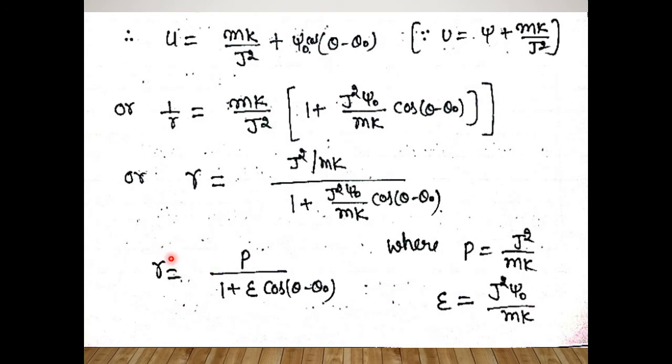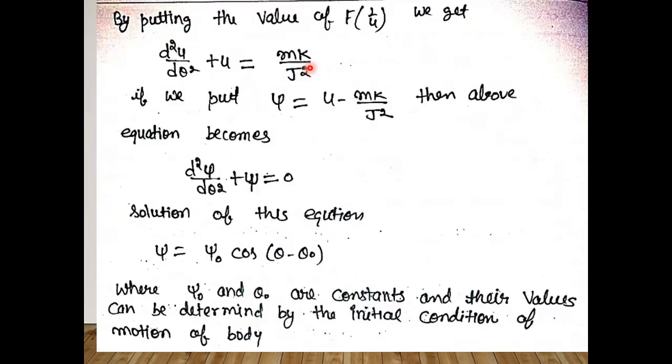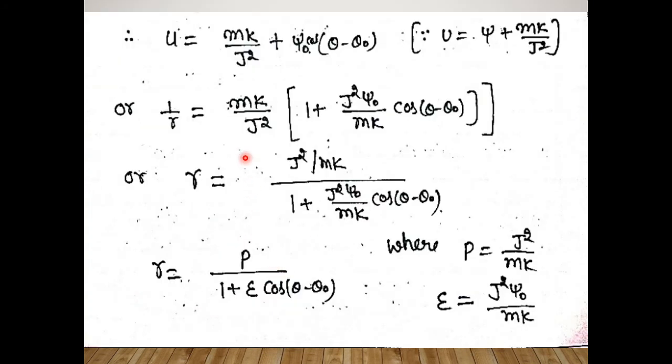Now u equals mk upon j square plus psi, and we are going to put the value of psi. Here we have taken psi equals u minus mk upon j square. So u will be psi plus mk upon j square and the value of psi is psi 0 cos(theta minus theta 0).